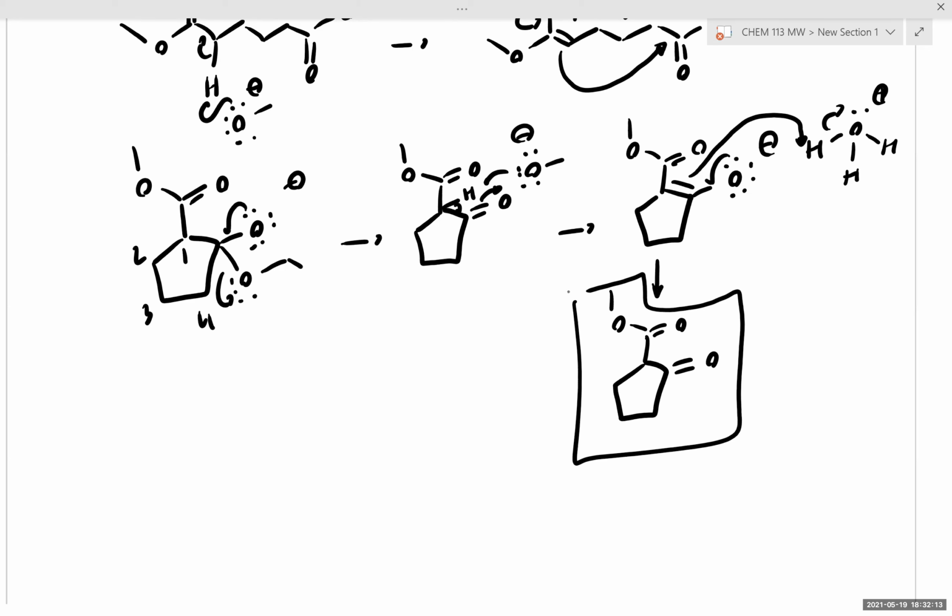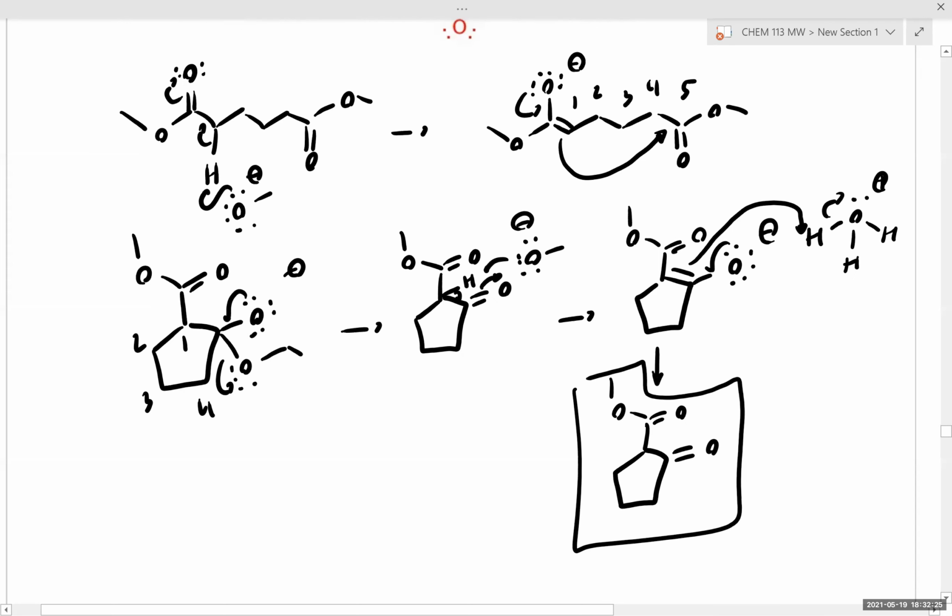If you ever try to run a Claisen with substoichiometric base, you'll find the conversion stops. Like so? Did that answer your question? Perfect. Any other questions on the mechanism?